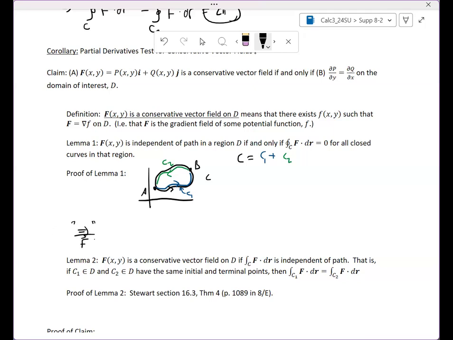So F independent of path implies that the integral over C1 of F dot dr, where C1 takes me from point A to point B, has to be equal to the integral of, well, not quite C2, but negative C2. We'll call negative C2 the path C2 traversed in the opposite direction.